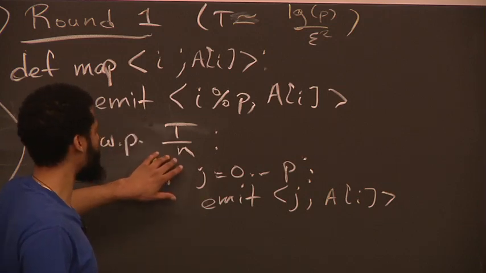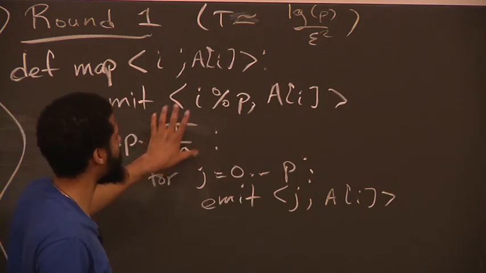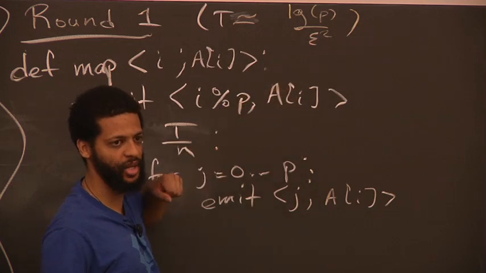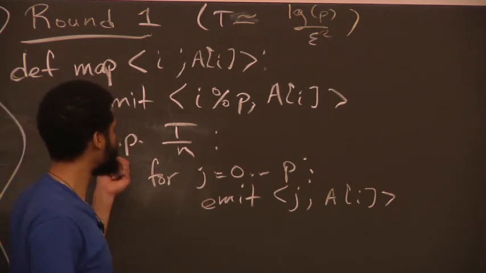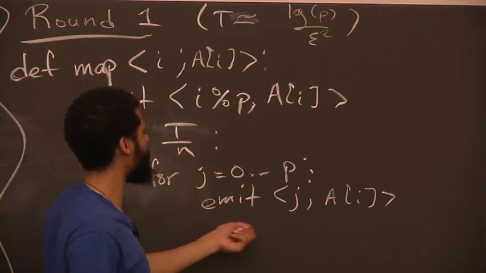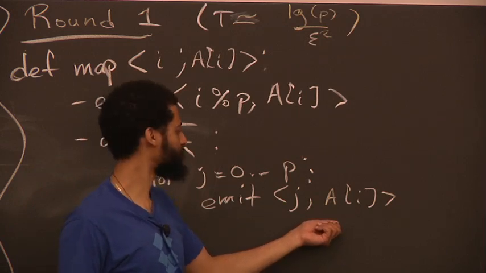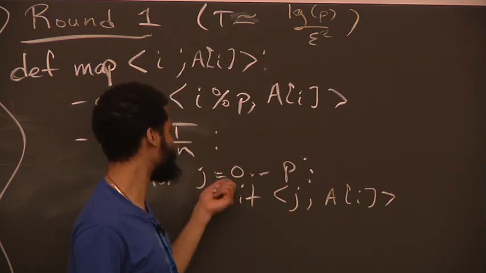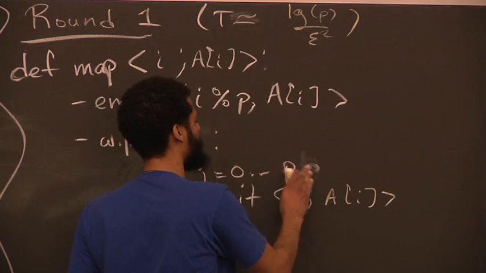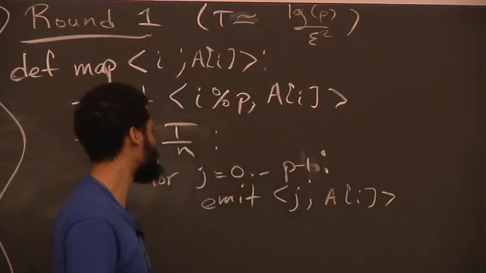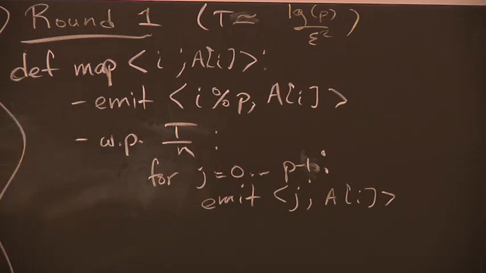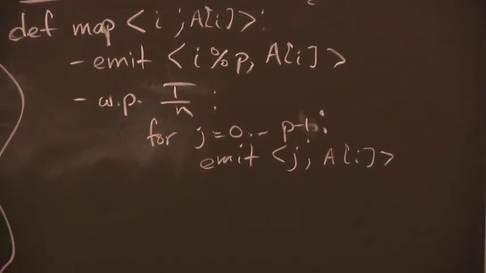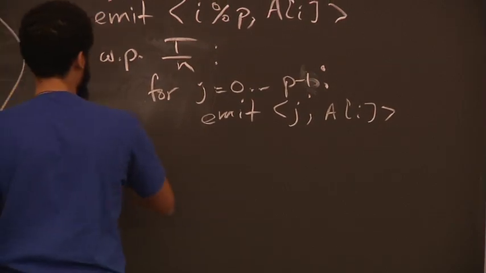In expectation, the total number of input elements that I'm sampling is t, which is something like log p over epsilon squared. We'll set epsilon in a second. If an item decides to be sampled, then I send that item to every single reducer. For each reducer j, which goes up to p minus 1, I send this item to that reducer, just the value. Good, so that's map in round 1.